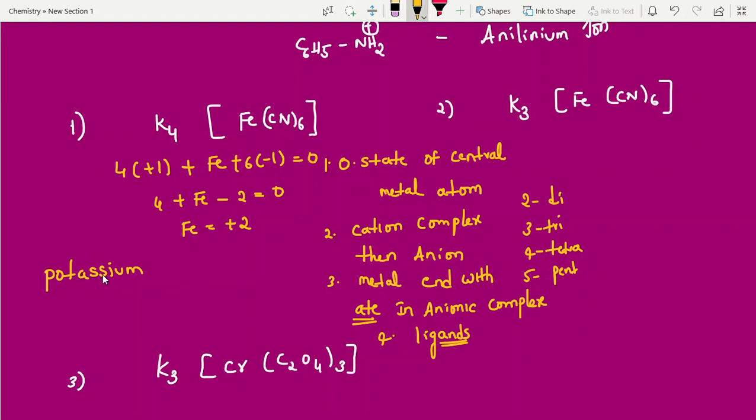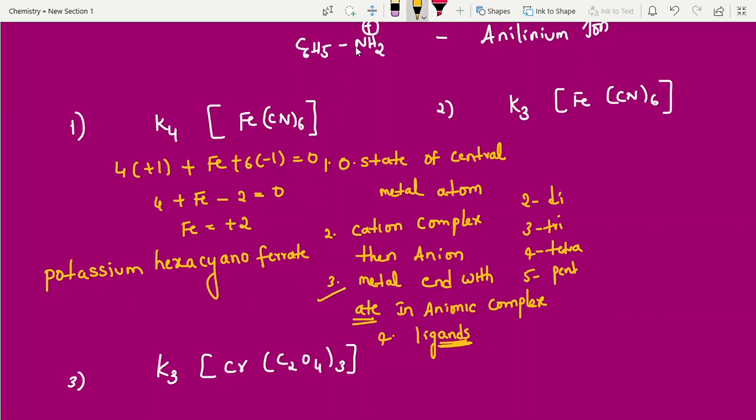So first cation, next anion complex I am writing. In an anion complex, first we have to write ligands. Potassium, hexacyano, ferrate. The metal ends with -ate in an anionic complex. This is rule 3.